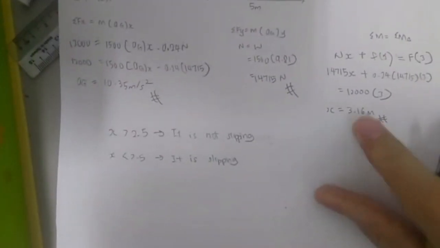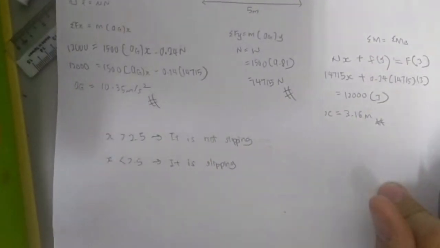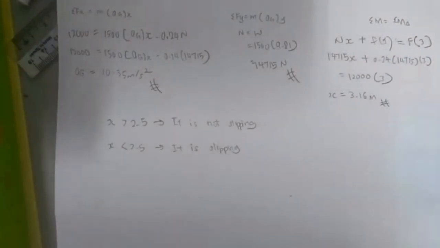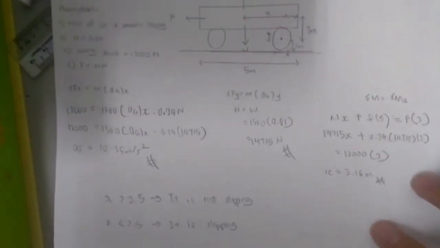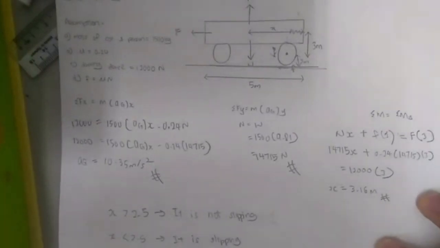So what we calculate is x is equal to 3.16, which is larger than 2.5. So this car, it is not slipping. Okay, so yeah, here is the calculation, and thank you very much.